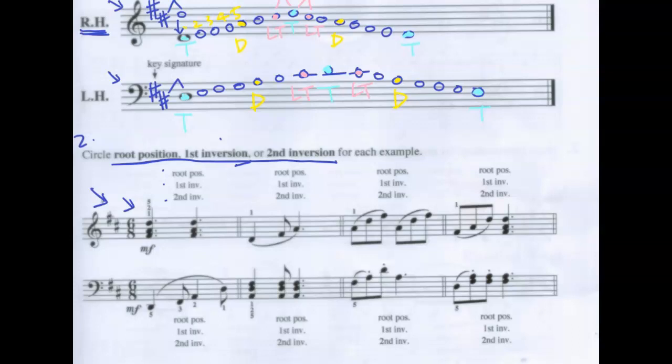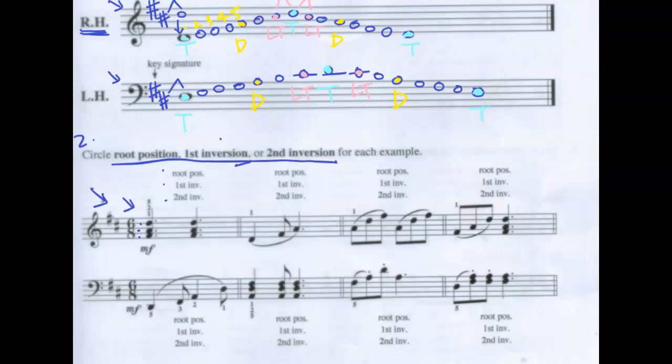And look at the content of this chord. It has F sharp in the bottom, A in the middle, and D on top. So F sharp, A, D. What chord is this? So you have D, F sharp, and A, right?